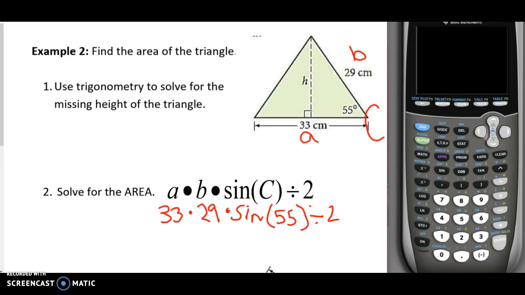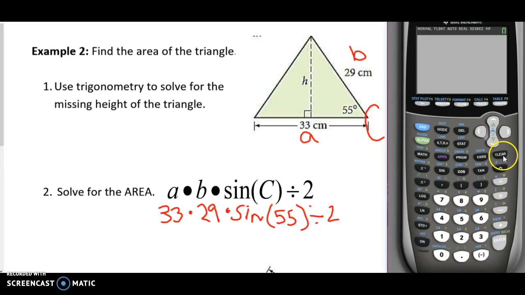So if I go over to my calculator and I punch this in, I already checked that my mode was in degrees. I'm going to do 33 times 29 times sine of 55, close my parenthesis, divide by 2. So the area of this triangle, how much space it is taking up, is approximately 392 square centimeters.